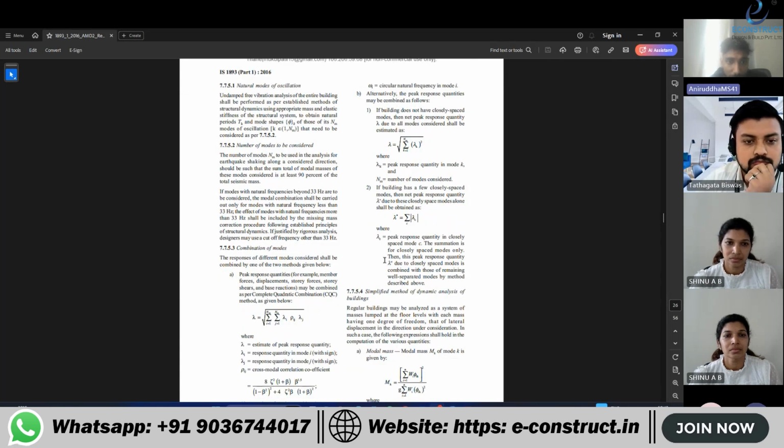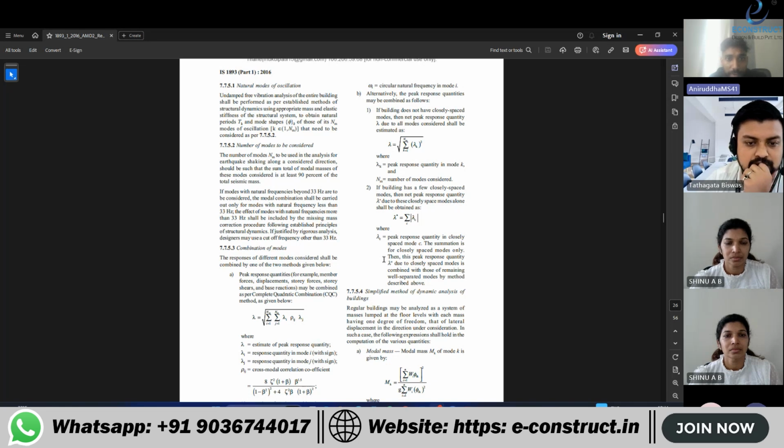The number of modes nm to be used in the analysis for earthquake shaking along a considered direction should be such that the sum total of modal masses of the modes considered is at least 90% of the total seismic mass. If modes with natural frequencies beyond 33 Hz are to be considered, the modal combination shall be carried out only for modes with natural frequency less than 33 Hz.